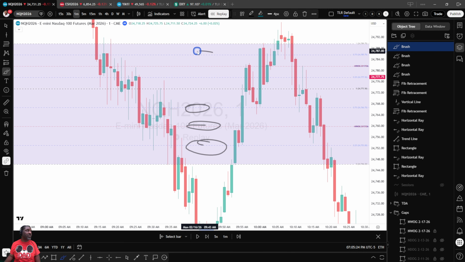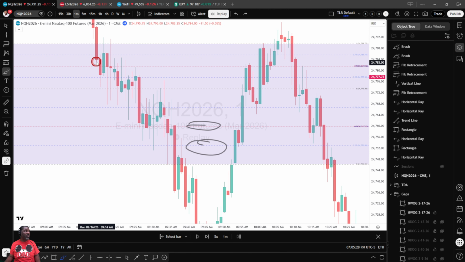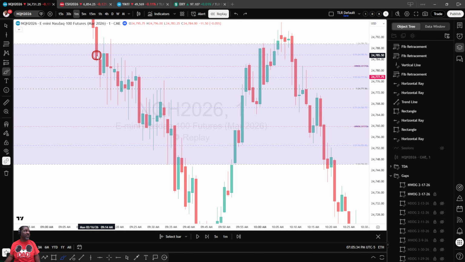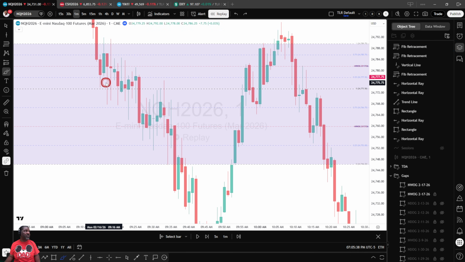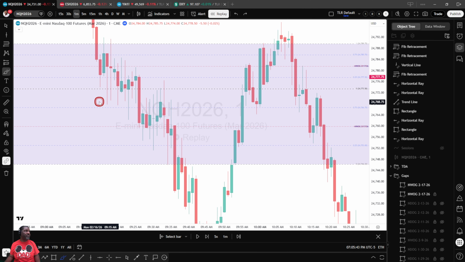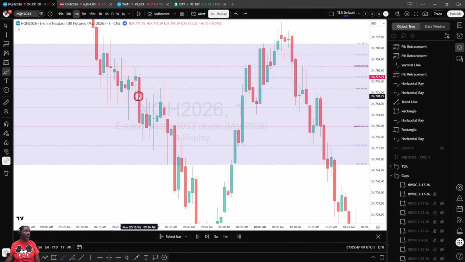So when we look over here, we got a little bit of high resistance, not a whole lot of displacement, but we do have a SIBI in line with that upper quadrant. Got a bearish order block in line with equilibrium. We got another bearish order block and a bullish order block in line with the lower quadrant.